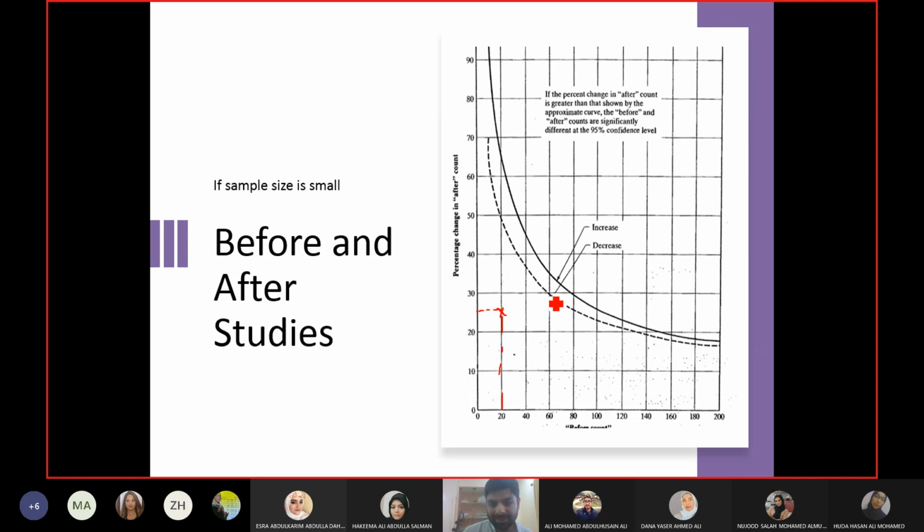If you achieved a decrease in the crashes, not increase, and you are trying to check if the decrease is significant or not, then you will compare it with this curve. If the point is on this curve or above this curve, the decrease in number of crashes is significant.